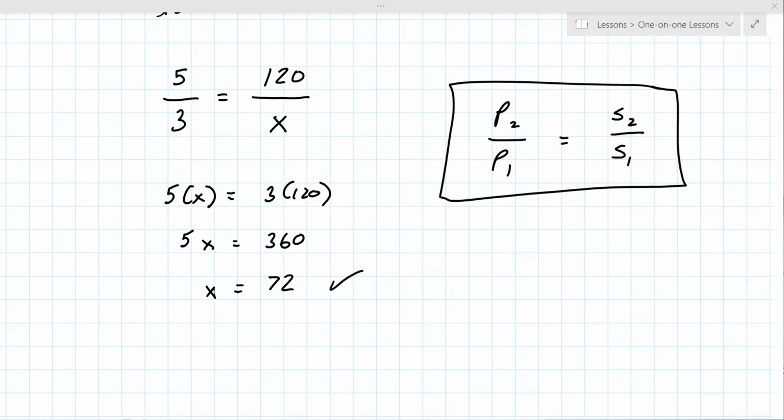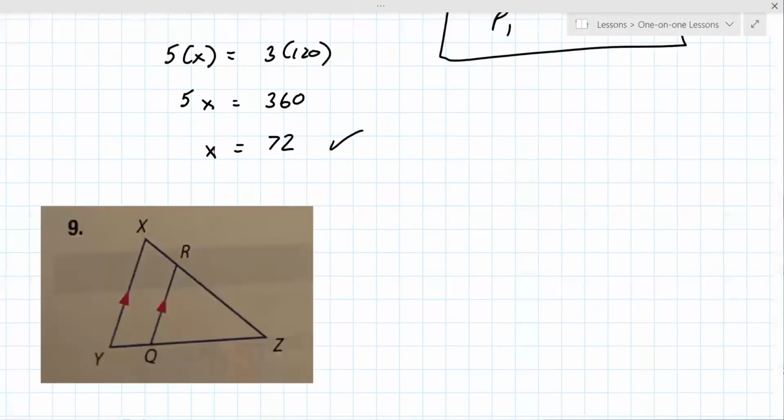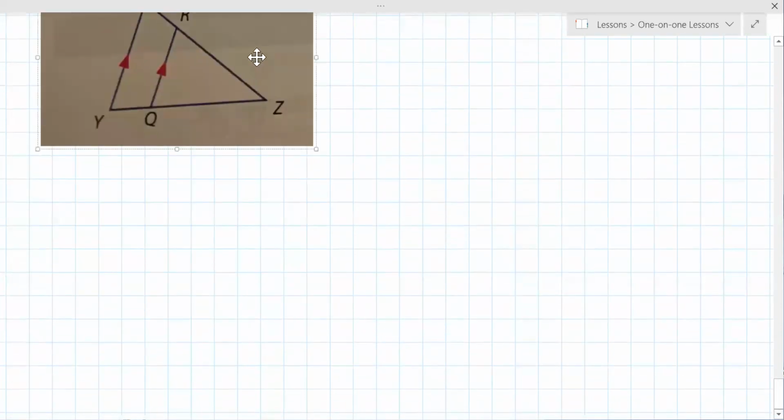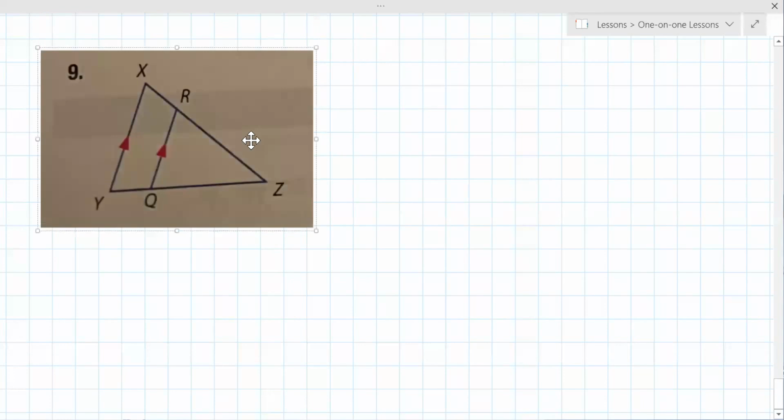All right, let's move to 9. Do you recall from class what is required for similar triangles? There are congruent triangles, but then there are also similar triangles. There are letters that they often give you. I don't remember.